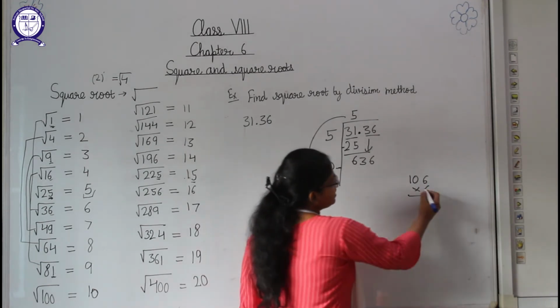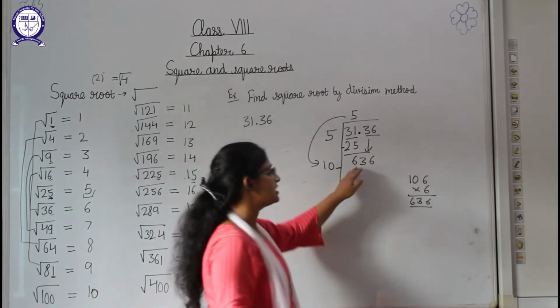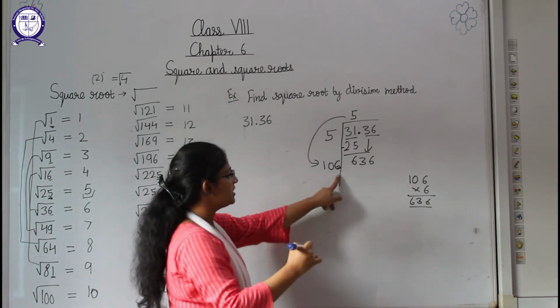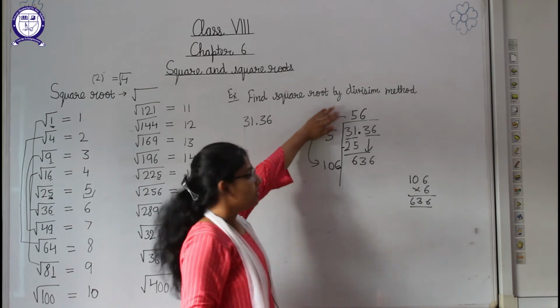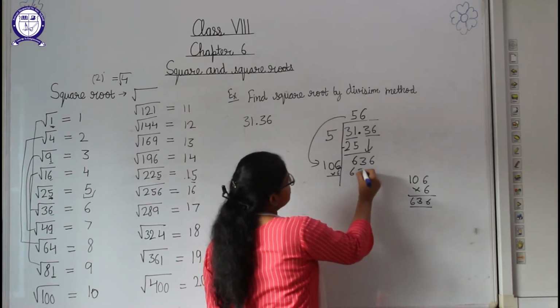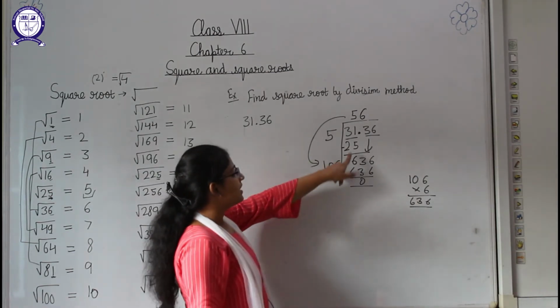So here 6 6s is 36 and 6 1s is 6. It means we are getting 636 if we place 6 here, and if we are placing 6 here, we will place 6 here also, as this is our answer. Now 106 multiplied by 6 will be 636, and we are getting 0 here.